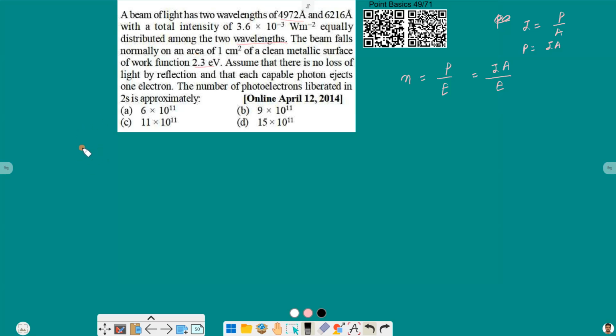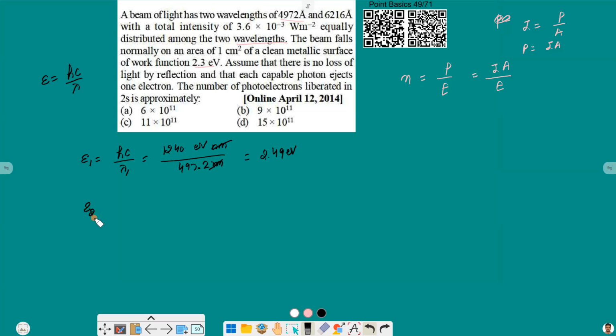So E1, let's say, we know that energy is basically hc by lambda. So E1 will be hc by lambda 1. Now hc is 1240 electron volt nanometer divided by lambda 1, that is 497.2 nanometer. Nanometer gets cancelled, and if we solve this, we will get 2.49 electron volt.